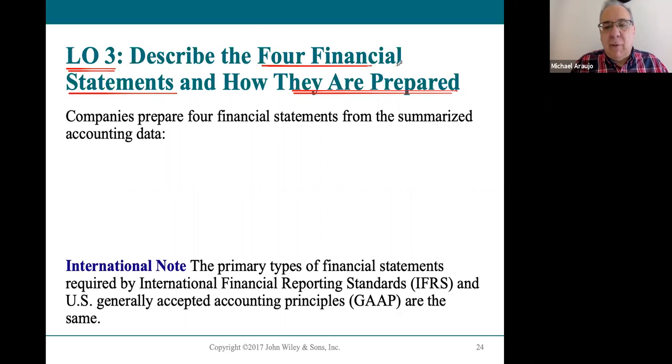Okay. Of the 4 financial statements you're going to be introduced to today, we are going to be focusing in on 3 of the 4, and I will give you an idea of what those are. The first one is one of the most important statements in accounting and business, the income statement. The income statement is the only statement that can answer the big question: did we make a profit or not? Okay.